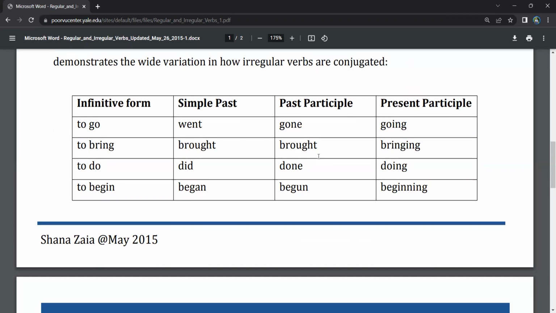Simple past, brought, the same for past participle, then bringing for present participle. For to do, simple past, did. Past participle, done. Present participle, doing. To begin, began, begun, beginning. So it changes its spelling.